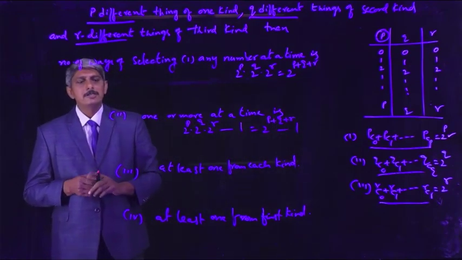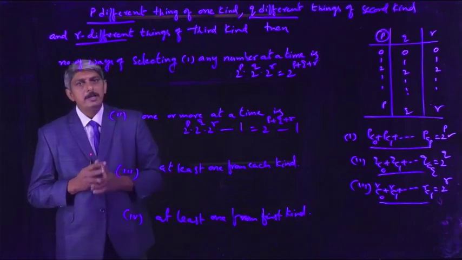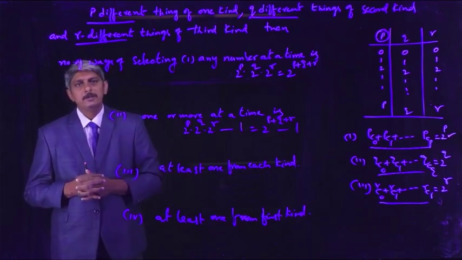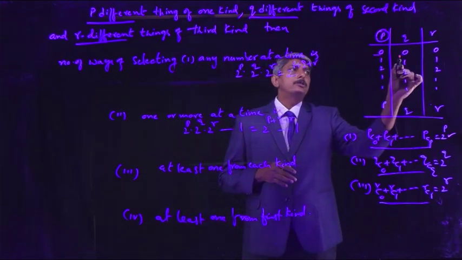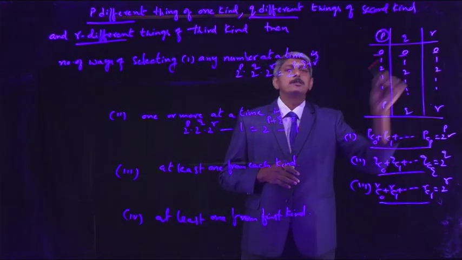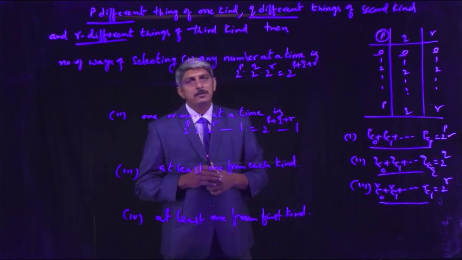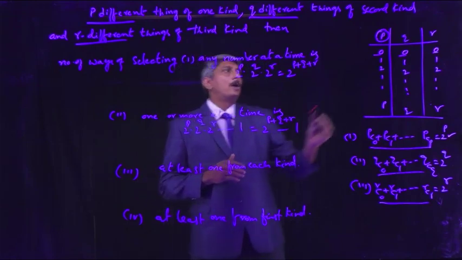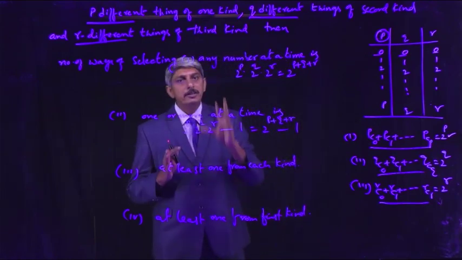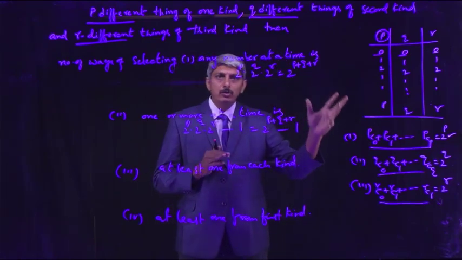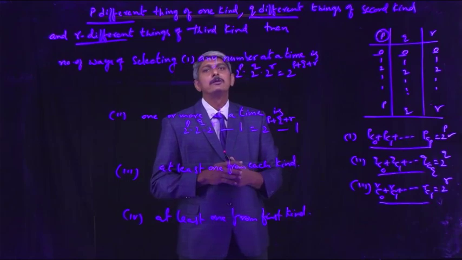On the third case, at least one from each kind. So we exclude 0 things here, 0 things here, and 0 things in the third kind. Now how many possibilities out of P objects? At least one, either 1 or 2 or 3 and so on up to PCP.